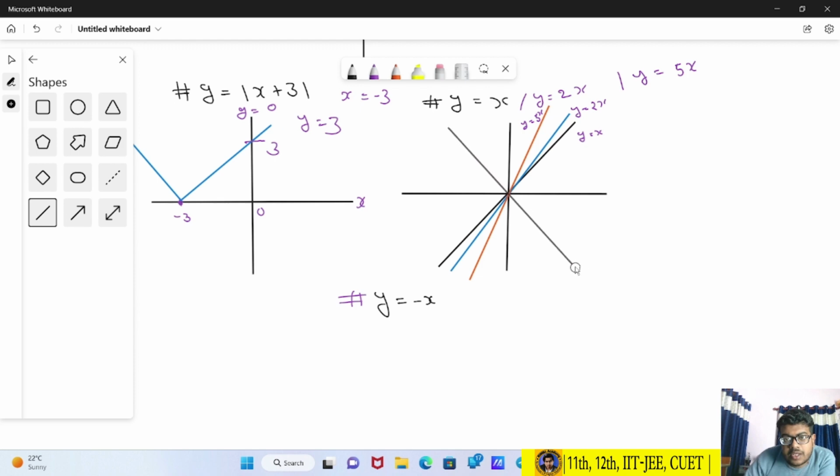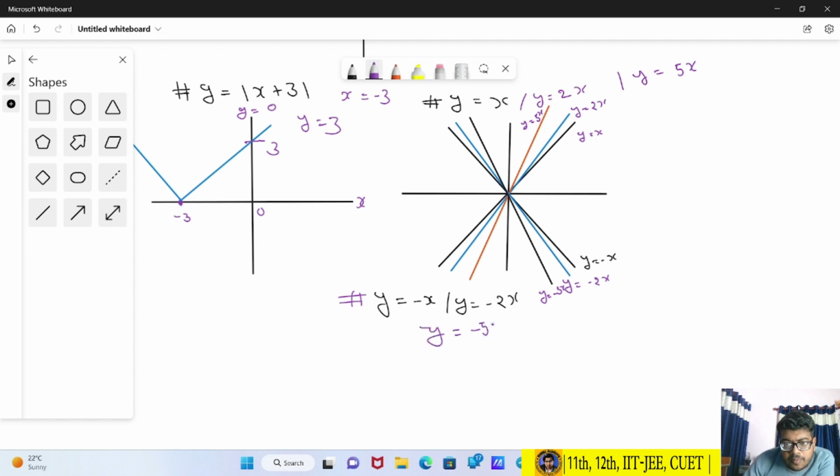Now if we draw y is equal to minus 2x, then it is this, and we draw y is equal to minus 5x. So this is y is equal to minus 5x.